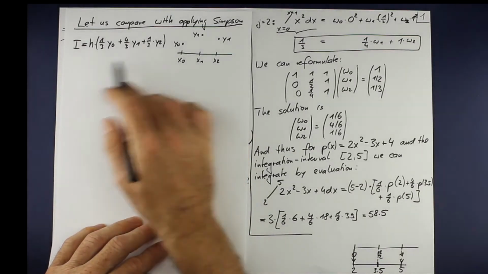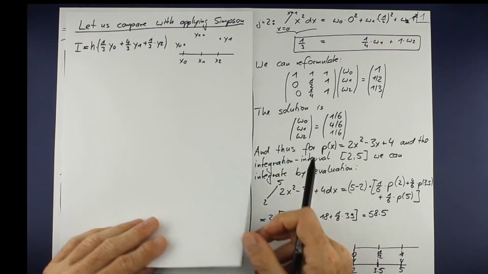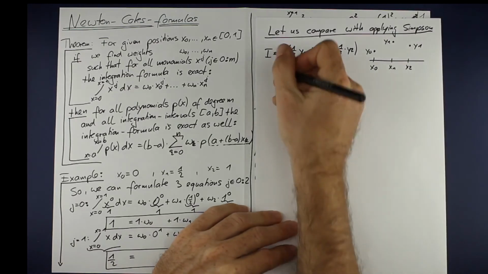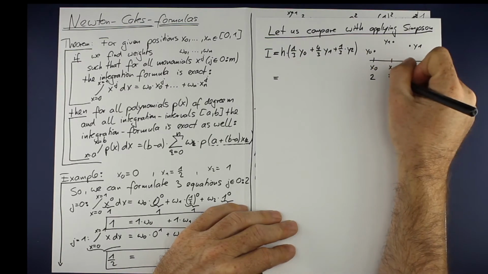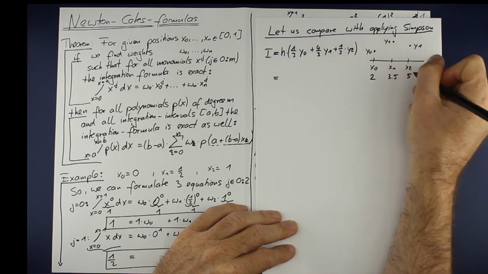In the first moment it seems to be a different kind of thing, but let's do that for our example. In our example this is position 2, 3.5 and 5.